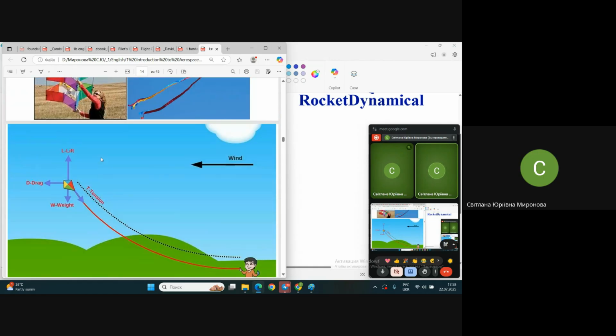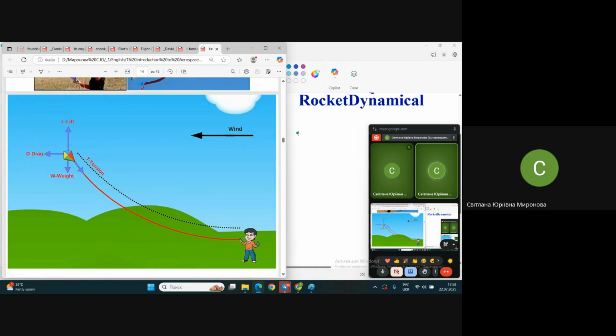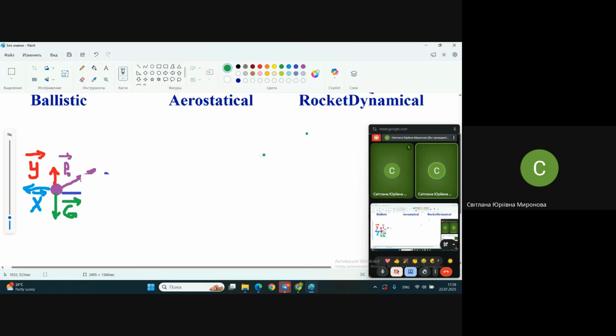Next one. The next principle will be the aerostatical principle. Once again, we have something, and this something we need to push, somehow to make a flight with it.